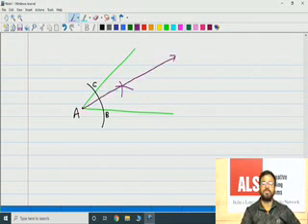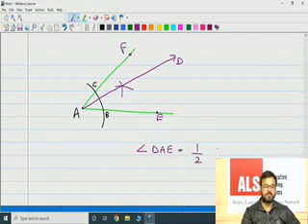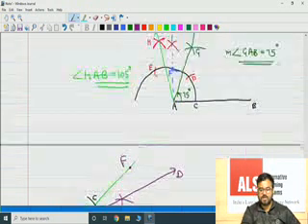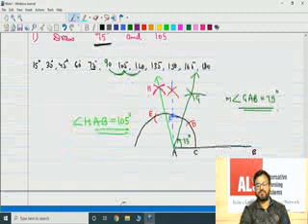So, this line will be the angle bisector. Let us say this is D and this is E. So, angle DAE is half of angle FAE. This is known as the angle bisector. All of you are getting it? How to draw the angle bisector and how to draw the angles 75 and 105 degree.